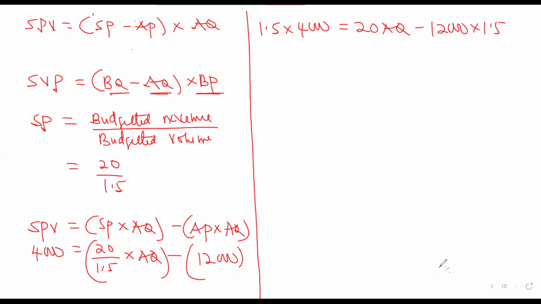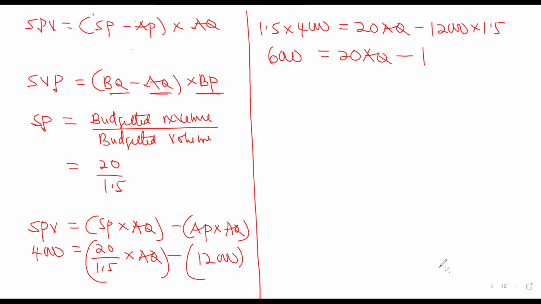The SCM over here is 1.5. 1.5 multiplied by 4,000, what are we having? 6,000. So we have 6,000 is equal to 20 AQ minus 12,000 multiplied by 1.5, which is 18,000.